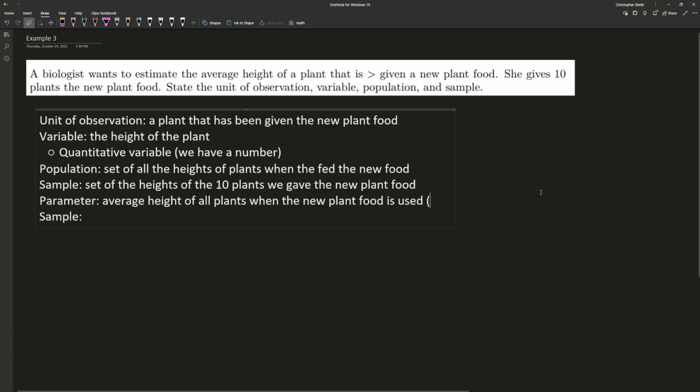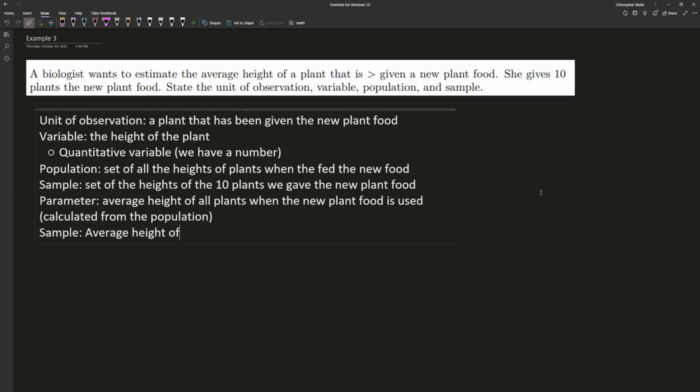This is because the parameter is something that is calculated from the population. So the parameter isn't just our measurements here. This is something that's calculated. Our statistic is the average height of the 10 plants that the biologist fed the plant food.